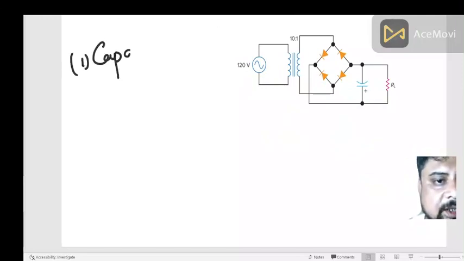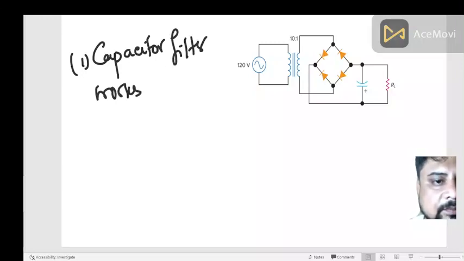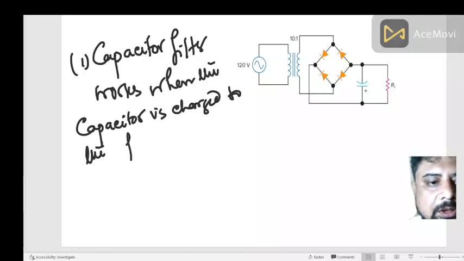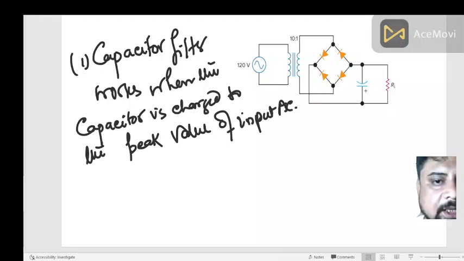The fundamental thing you have to remember is that a capacitor filter works when the capacitor is charged to the peak value of the input AC. This is the fundamental thing.